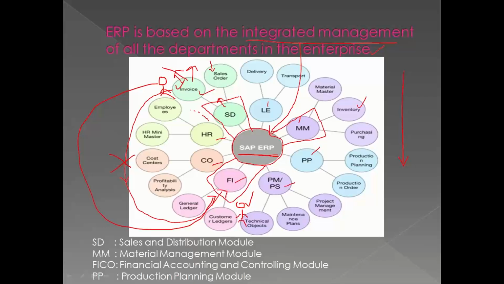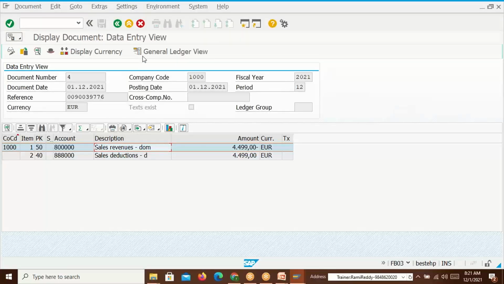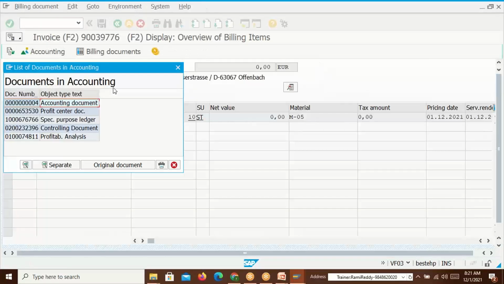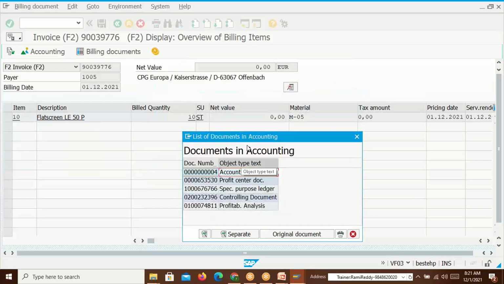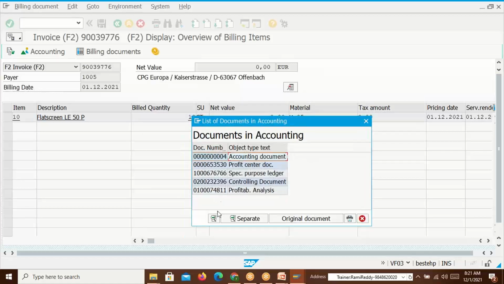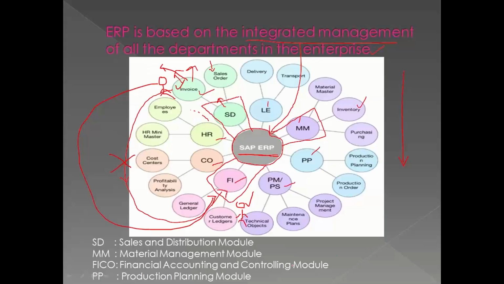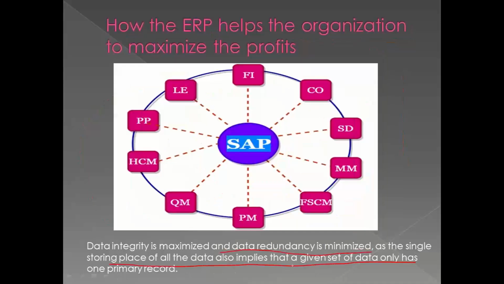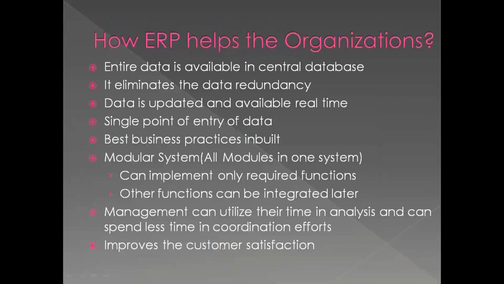So for all related documents on the basis of the invoice, automatically so many accounting entries have been generated. Now see here, if I go back, so many entries. So what is the main single point of record? This is the main record. Through this, so many documents related to the finance department have been created. See how easy it is. Otherwise, if these things had to be done manually, it would be very difficult. So that is the meaning of single point of record and data integrity.